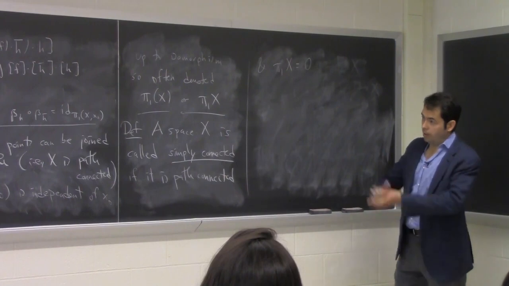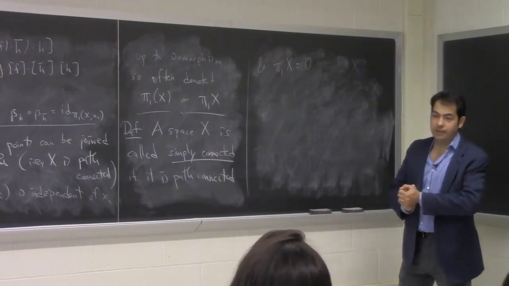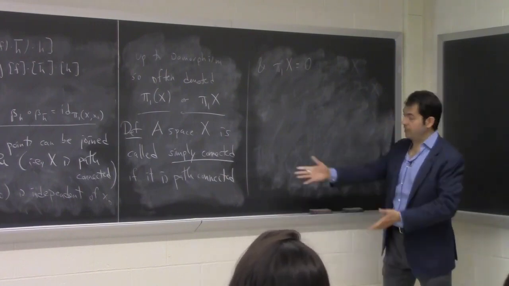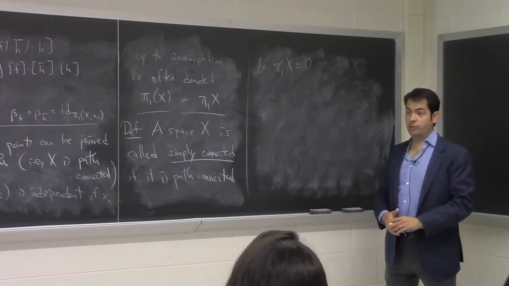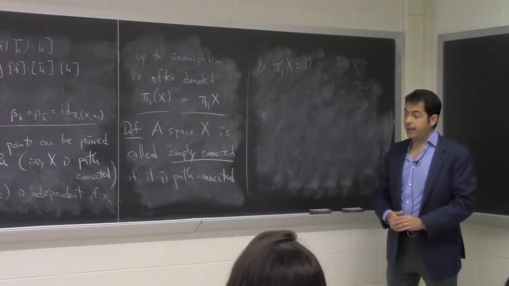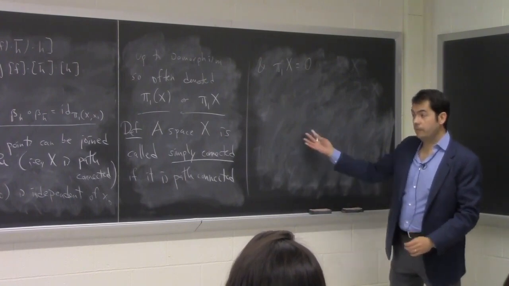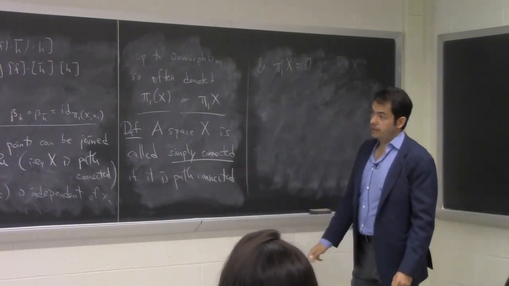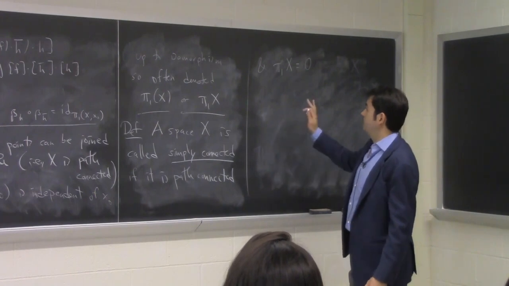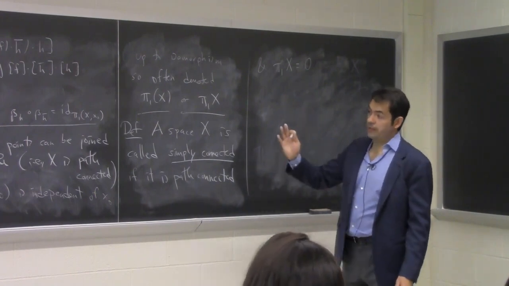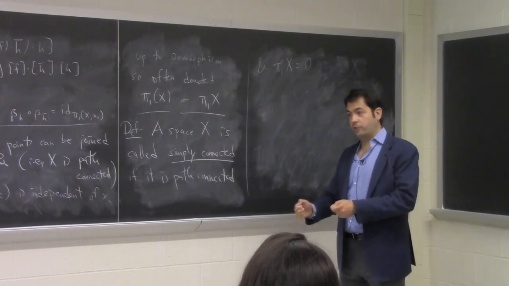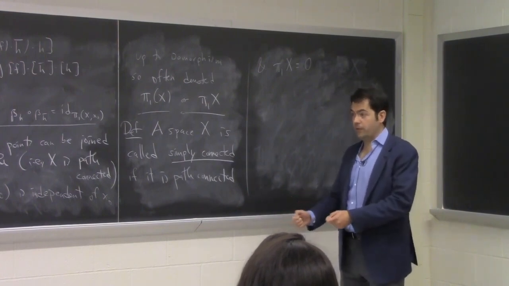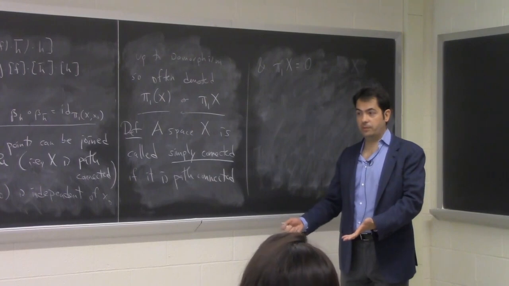So our only example so far, a convex subset of Rn, is simply connected. It's path connected and the fundamental group is trivial. And the name, simply connected, comes from the fact that this has the same property as convex subsets of Rn. Namely, two paths are going to be path-homotopic if and only if they have the same endpoints.